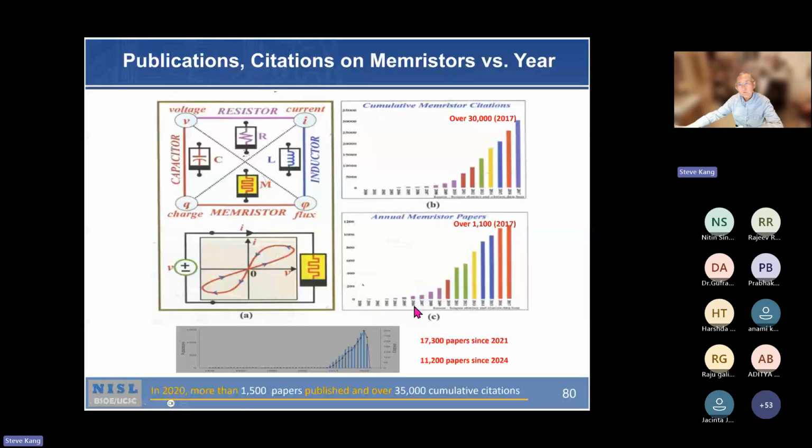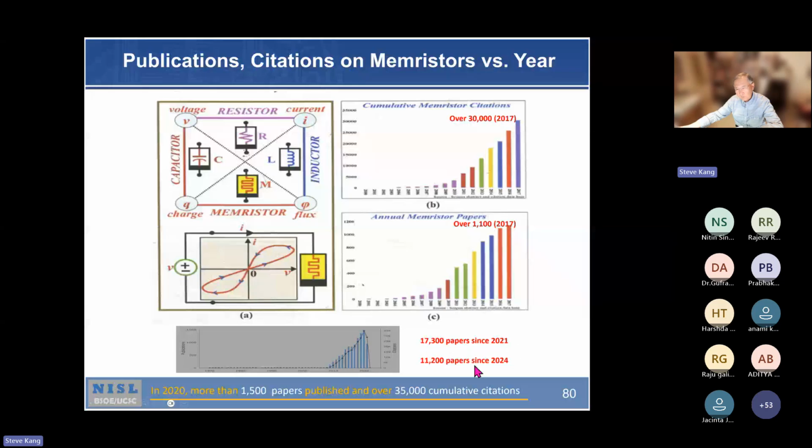And this shows the citations, right? By 2017, more than 30,000 citations. In terms of yearly publications, 2017 alone was more than 1,100 publications. But since 2021, 17,300 papers published.